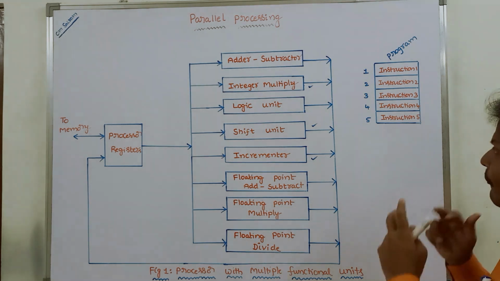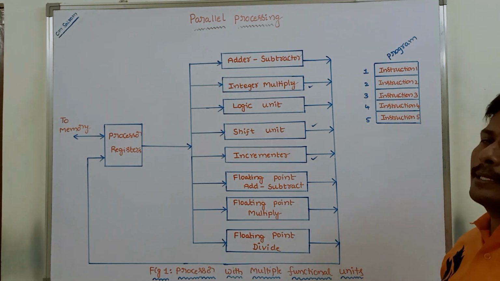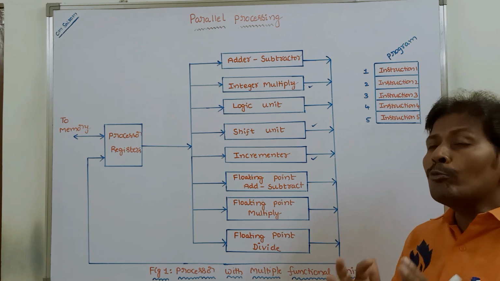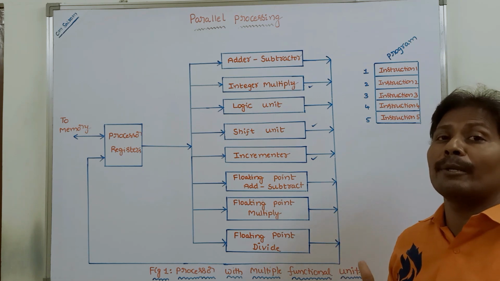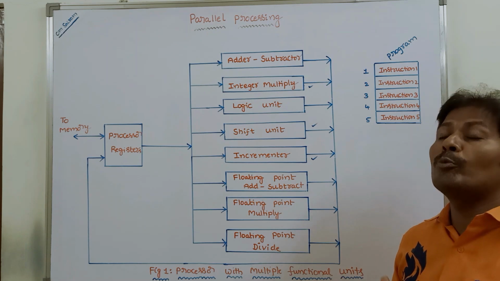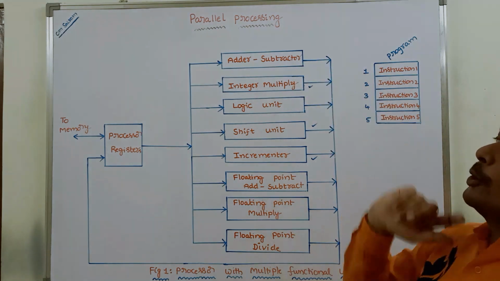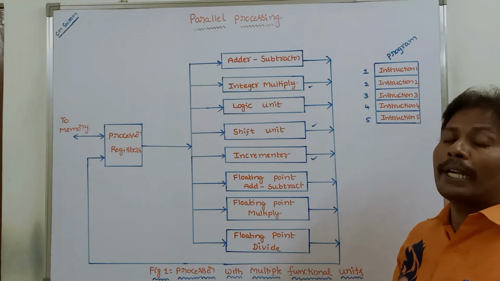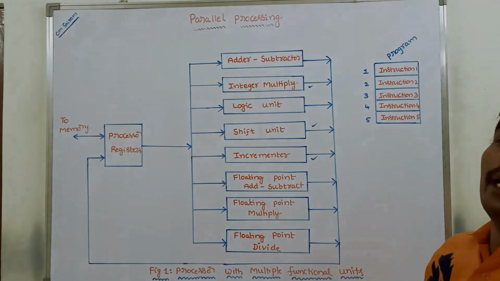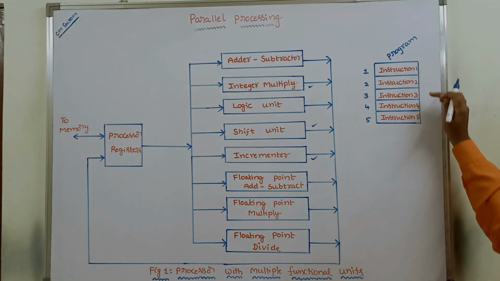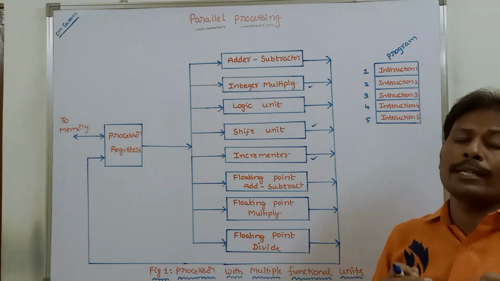Suppose when we are comparing the sequential processing with the parallel processing, how much amount of time can be reduced? How much amount of time can be saved by using parallel processing when compared to the serial or sequential processing? Suppose in that program there are 5 instructions.